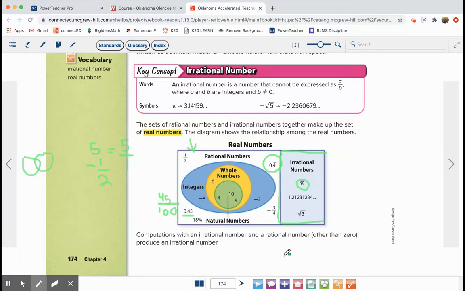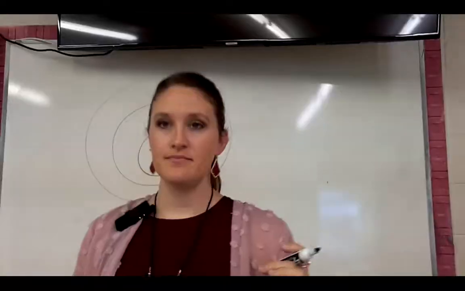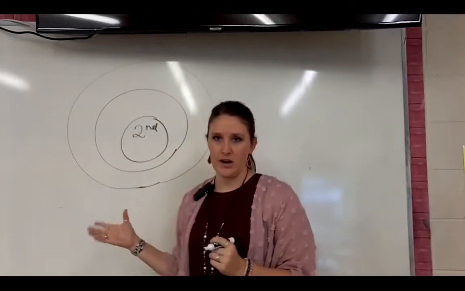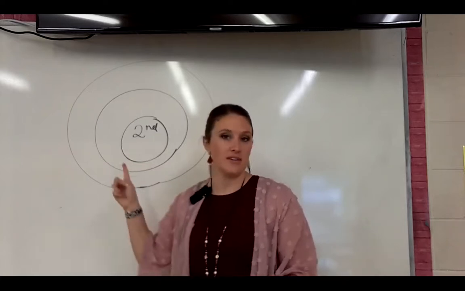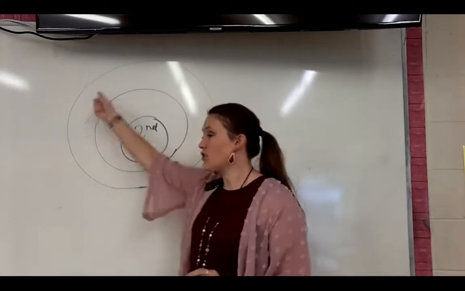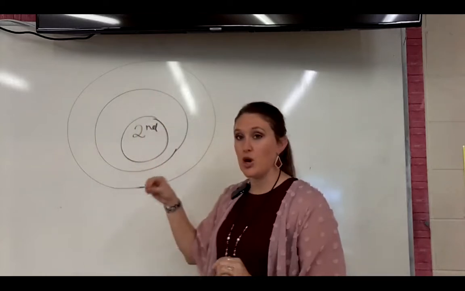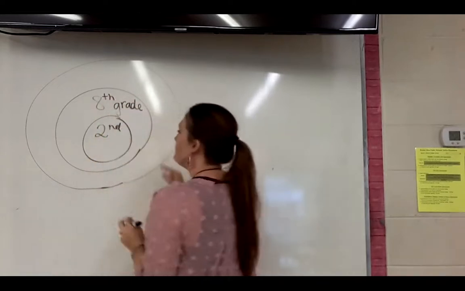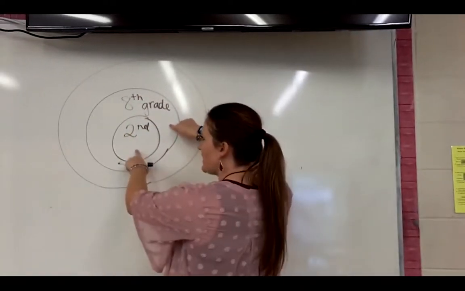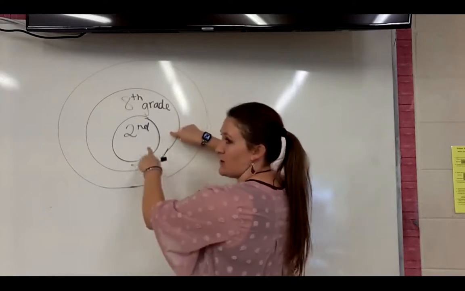I'm going to show you on the board another type of Venn diagram to help you understand how this works with a circle inside another circle. Okay, I'll try and explain that a little bit better using something else. All right, guys, so say this center circle is your class, whether it's second hour, third hour, sixth hour, or seventh hour. I'm going to say second hour. Then this circle that it's inside, that would be 8th grade. Because you can be in 8th grade and you can be in my second class, but you could be in 8th grade and not be in my second hour.